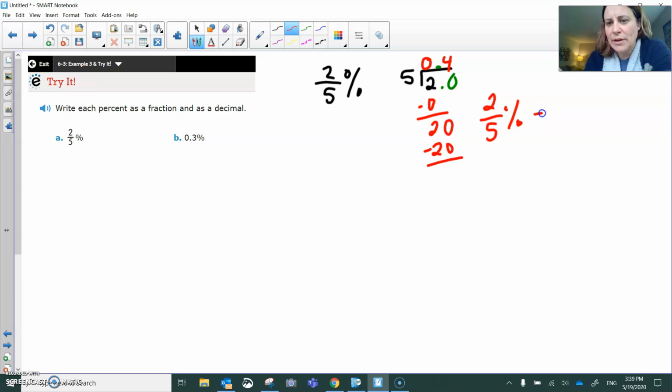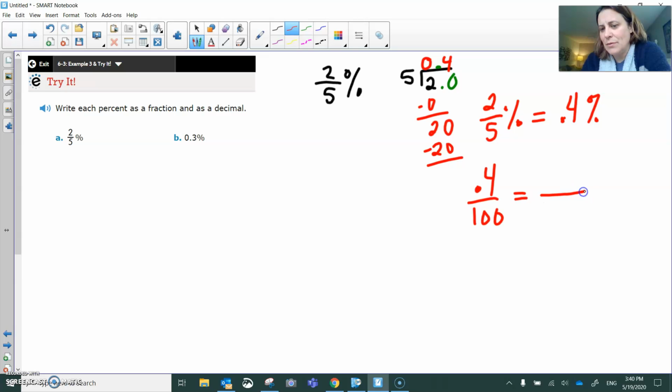So 2/5% could be written as 4/10 of a percent. Remember I told you a little earlier it's less than a half of a percent. So 4/10 of a percent. Percent is when you compare a number to 100. So I would have 0.4 on top and 100 on bottom.